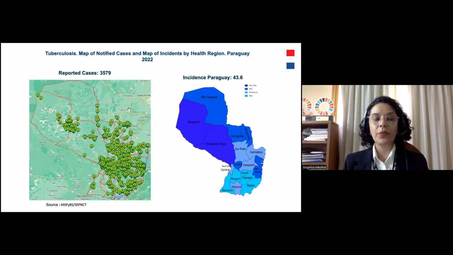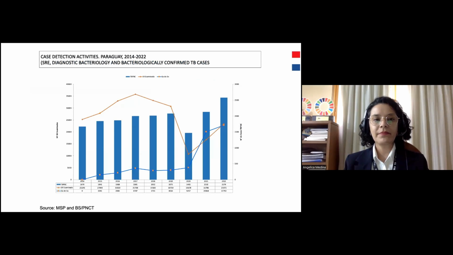So as you can see in the Chaco area, which is Paraguay, and these areas in dark blue, the incidence is very high. You can see that in the other map, there are not many cases in that area, but the reason why the incidence is high is because there's not a lot of population there. So the incidence is higher even though the number of inhabitants is lower. This is where we have the larger amount of indigenous people.